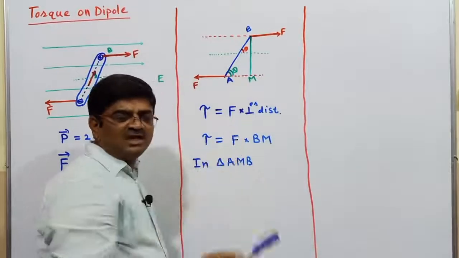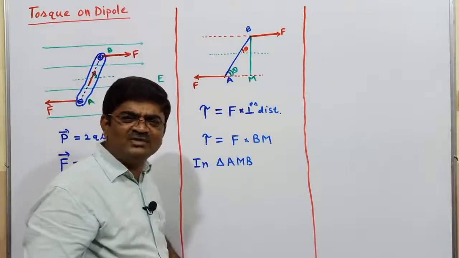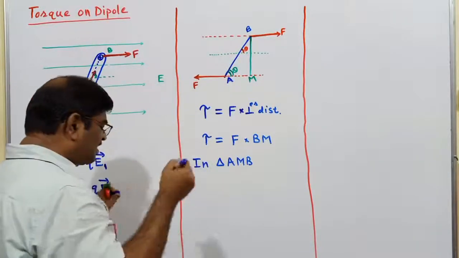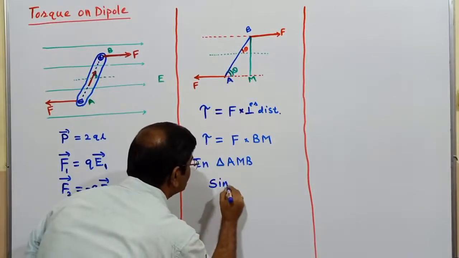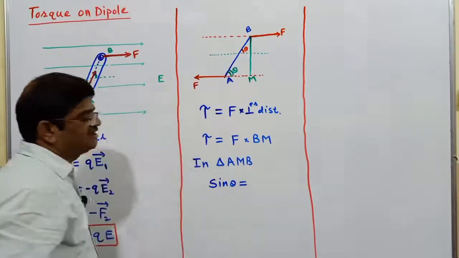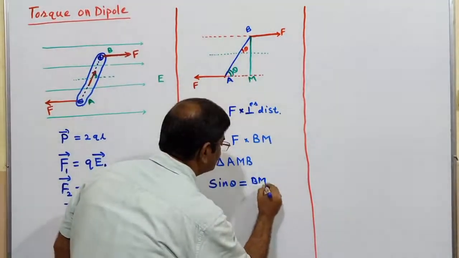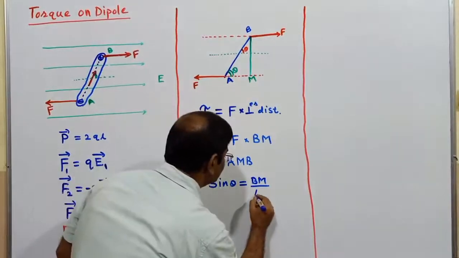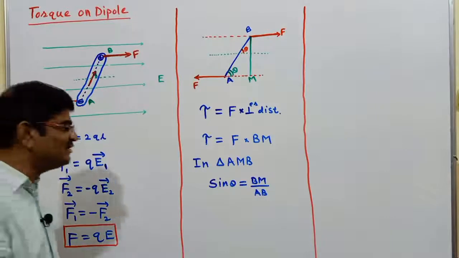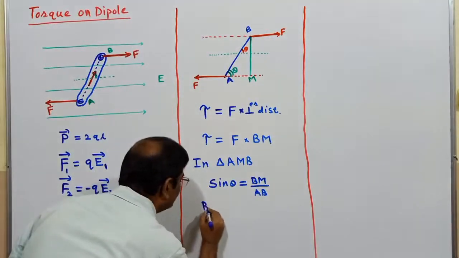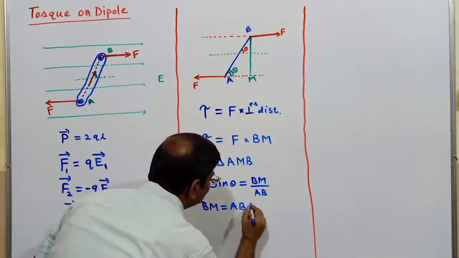Naturally, opposite and hypotenuse go with sine, so I can take sine theta in that right angle triangle. Sine theta I would get how much? Opposite side is BM, hypotenuse is AB. So this gives me my requirement BM. How much is BM I am getting? AB sin theta.